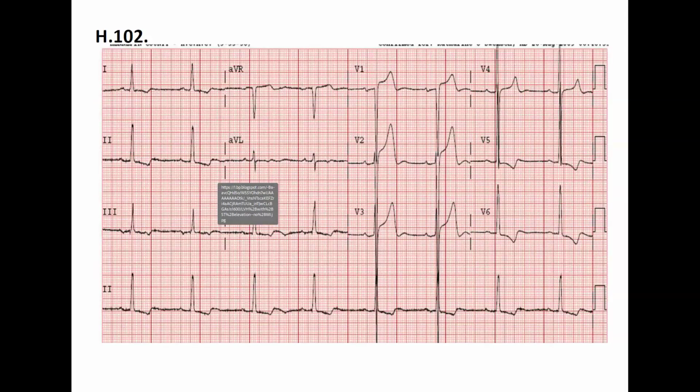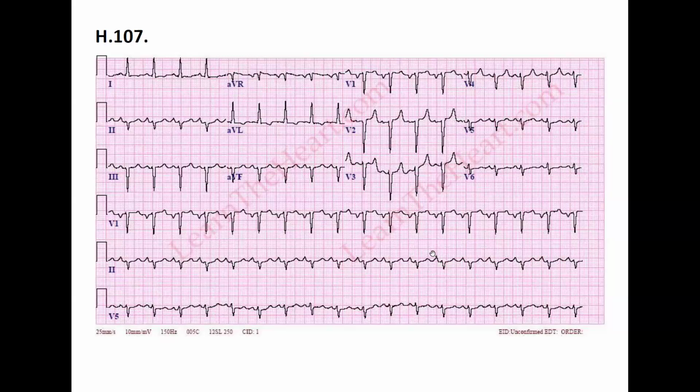Wait a minute, I'm getting you a different one. Everything is left ventricular hypertrophy. Yes, that would be fine. Okay, it's yours.